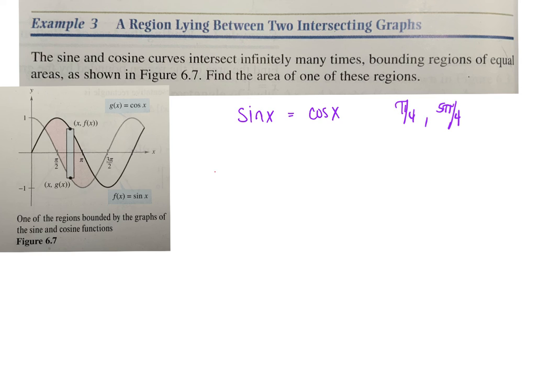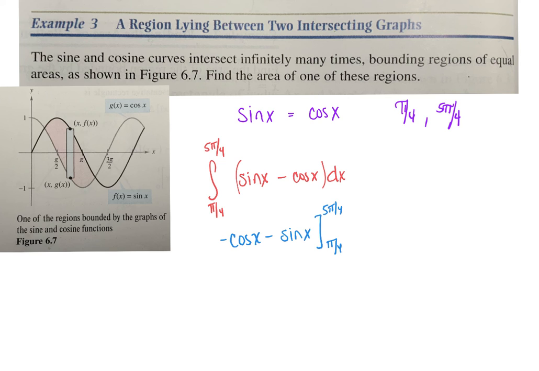So we're going to do from pi over 4 to 5 pi over 4 of sine of x minus cosine of x dx. So you have to use your antiderivative. What's the antiderivative of sine? Negative cosine. And the antiderivative of cosine is just sine, from pi over 4 to 5 pi over 4. We thankfully know what the sine and cosine is for this one.